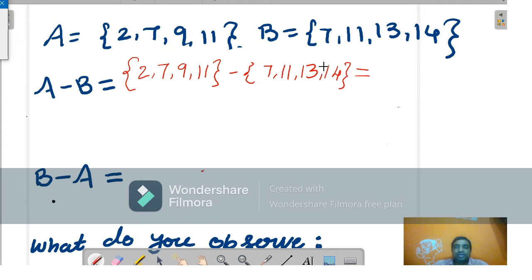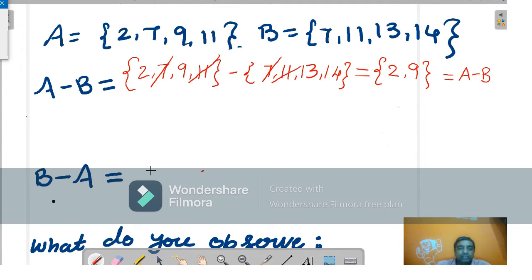Now difference means we can cut the common elements. 7 is common in both, cut it, and 11 is also common in both, cut it. The remaining elements in the first set are 2, 9. We should not take the elements which are in the second set, only the elements in the first set. 2, 9 gives A minus B.